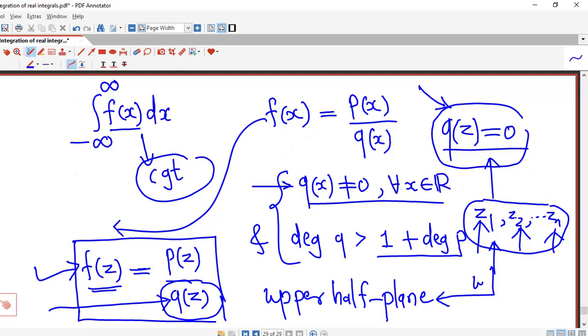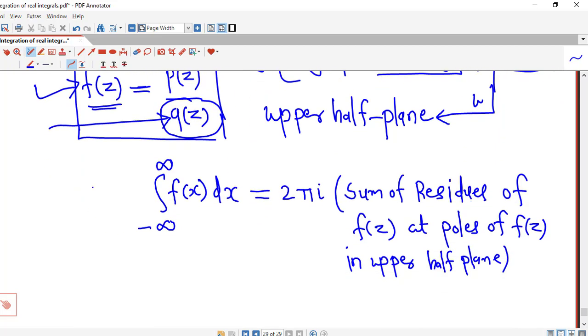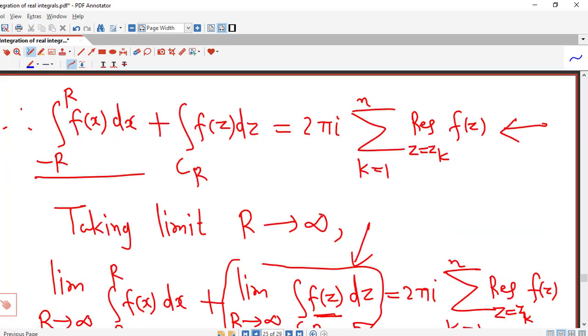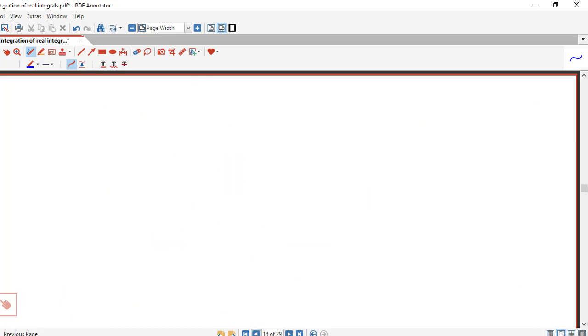We are interested in the poles of f(z) in the upper half plane only. After finding them, we will calculate the residue of f(z) at all those poles, and then we will use this formula: this improper integral is equal to 2 pi i times the sum of residues of f(z). So with this in mind, let's try to solve the given example.